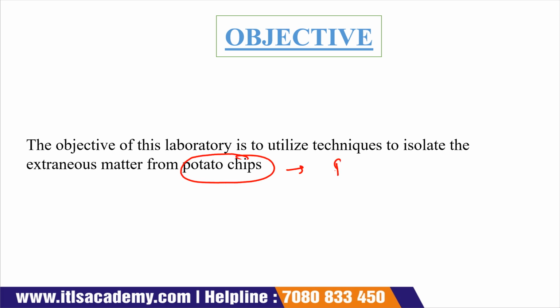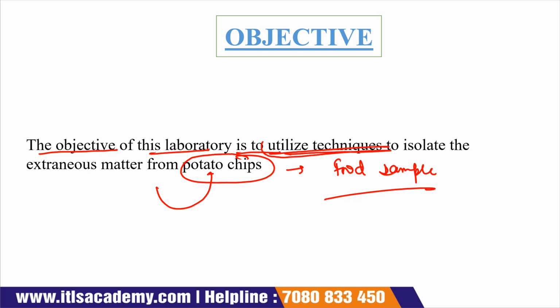So we use different technologies to isolate the extraneous matter present in the potato chips. See what is written in the slide: the objective of this laboratory is to utilize techniques to isolate extraneous matter from potato chips. The food sample is potato chips.